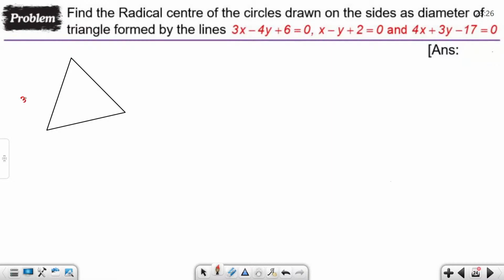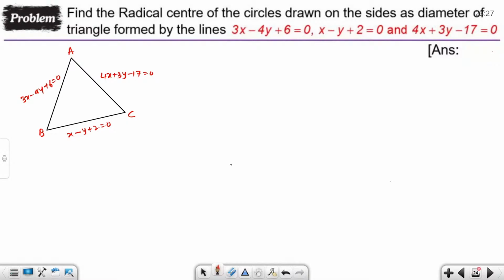Let us say this side is 3x minus 4y plus 6 equals 0. x minus y plus 2 equals 0, and the third side is given as well. Let us say the three vertices of the triangle are A, B and C. Now we have to find the radical center of the circles drawn on the three sides of the given triangle, taking each side as the diameter. We have to find its radical center.